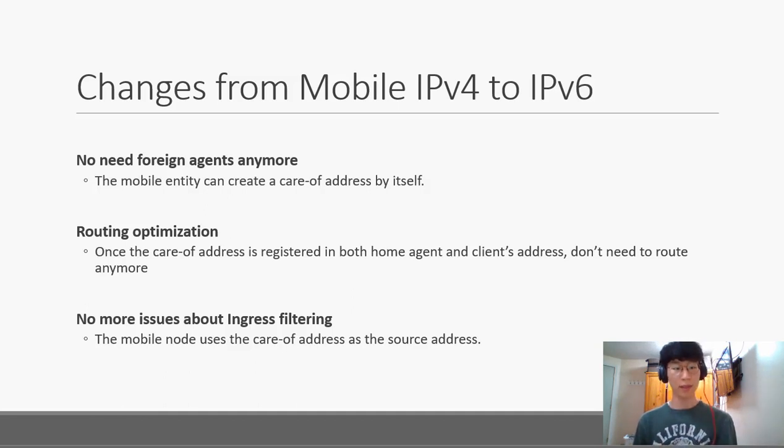And then the last one is no more issues about ingress filtering. Ingress filtering is a technique used to ensure that incoming packets are actually from the network from which they claim to originate. Mobile IP version 4 had issues with ingress filtering because the client node puts its home address as the source address of the packet.